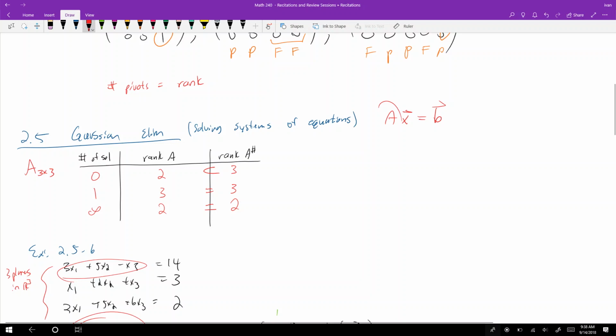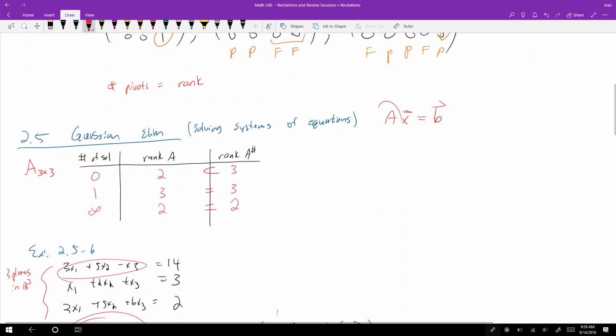Okay, what else? Well, what differentiates having one solution from having an infinite number of solutions? Right, okay. The rank is less than the columns, right? So now we want to compare our rank to the number of columns. Why not the number of rows?